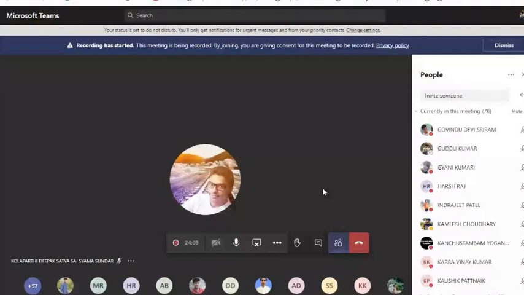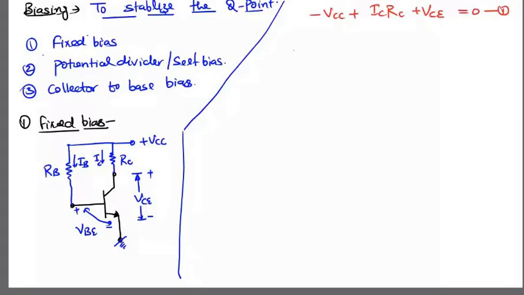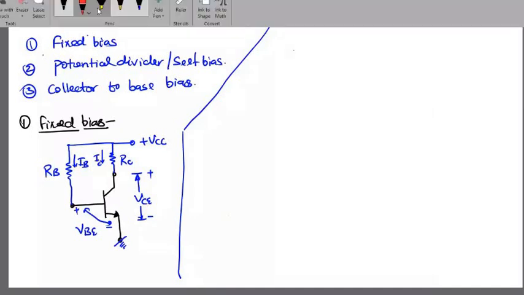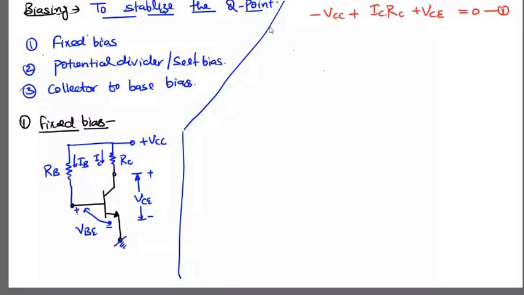Let me explain this. I have applied this kind of circuitry. This is a simple fixed bias network. Here I am applying one power supply, plus minus VCC.